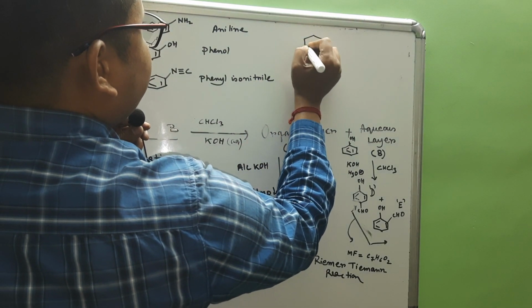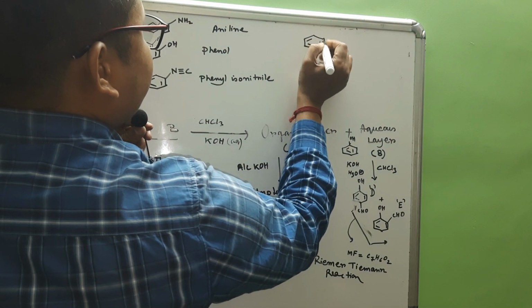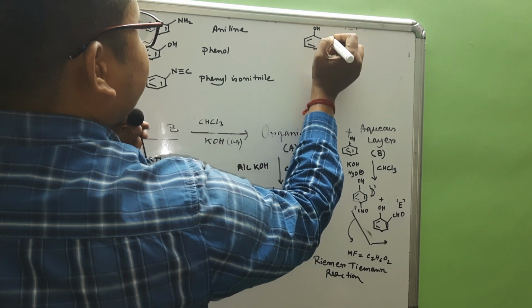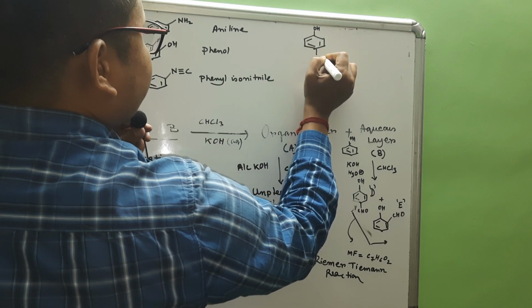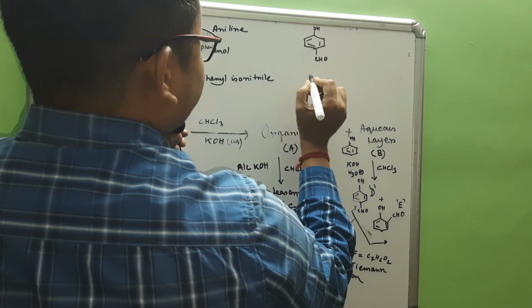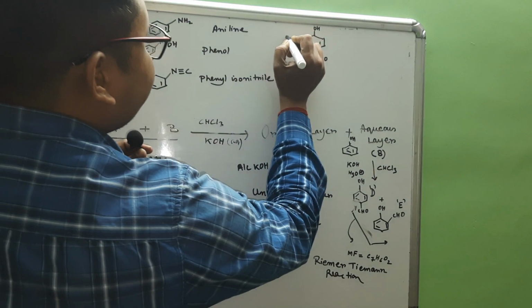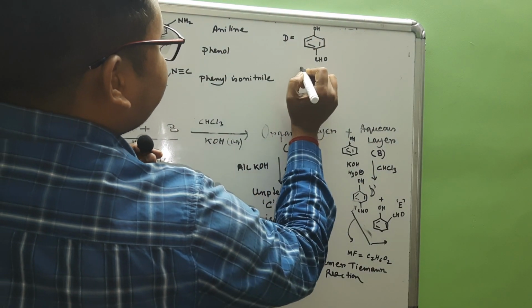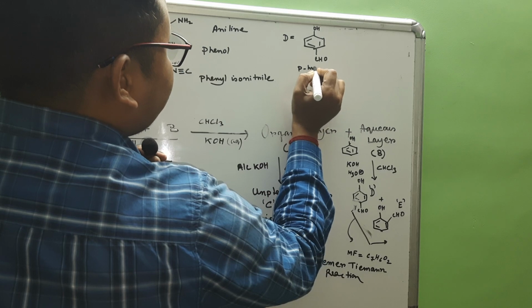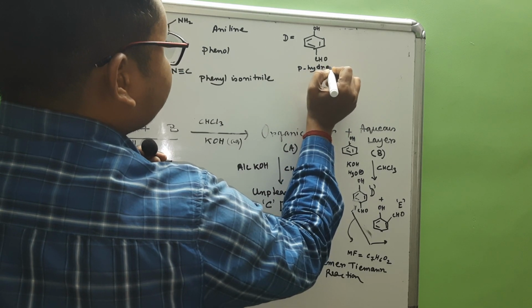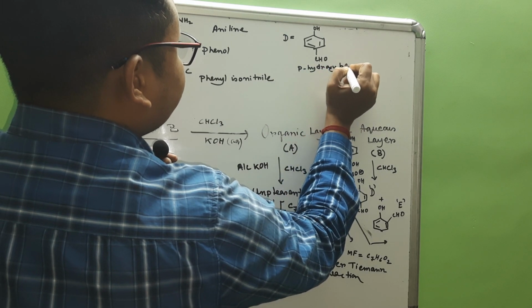And what is D? D is the major product of the Reimer-Tiemann reaction. So D is para-hydroxybenzaldehyde.